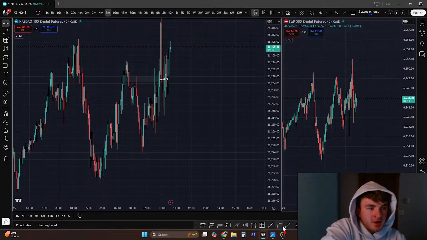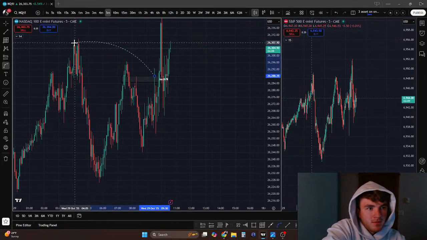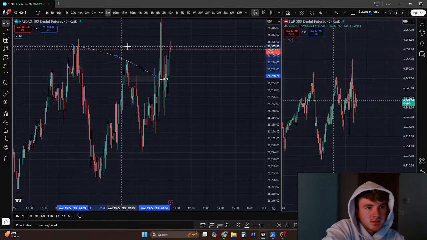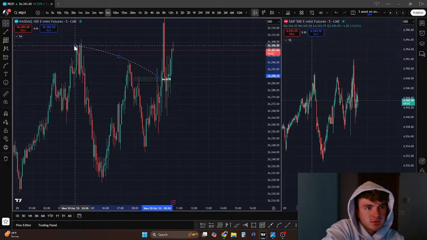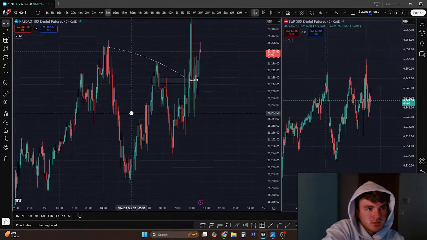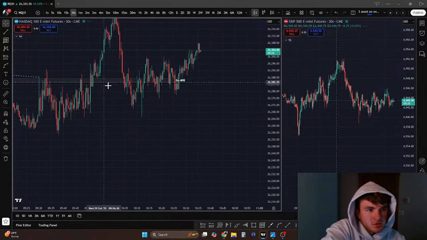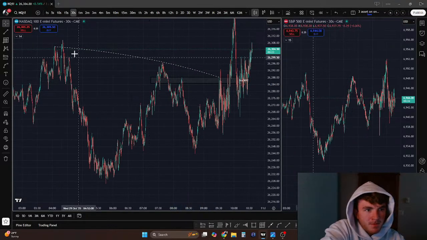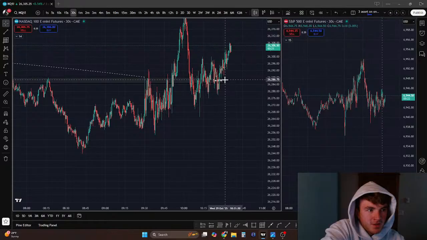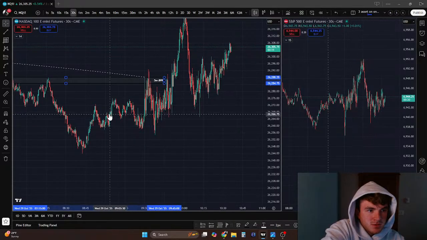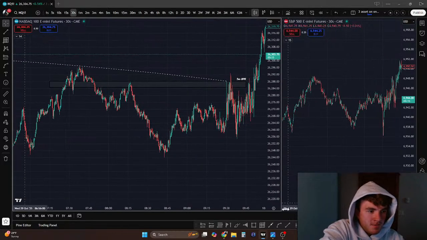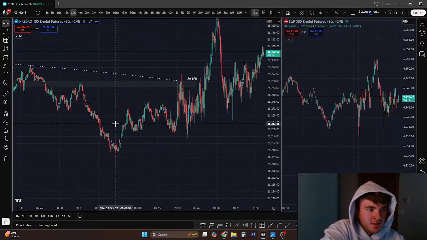I was thinking, yo, could see this being high resistant. This is the first trade. Ended up being low resistant, obviously.